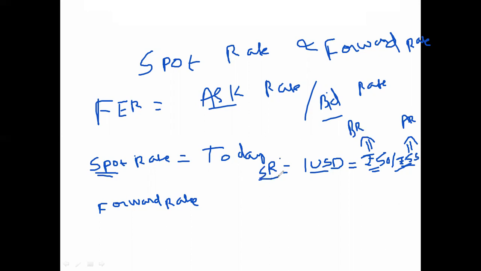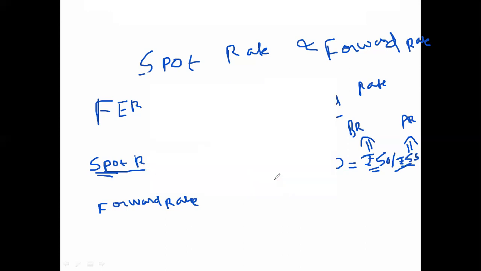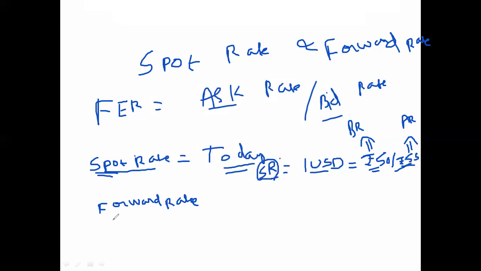If you want foreign currency immediately, today, which rate will apply? The spot rate. The rate which is applicable for today, or an immediate transaction, is known as the spot rate. So what is the forward rate? Forward rate is the future rate, or for better understanding, you can say it is the predetermined rate.